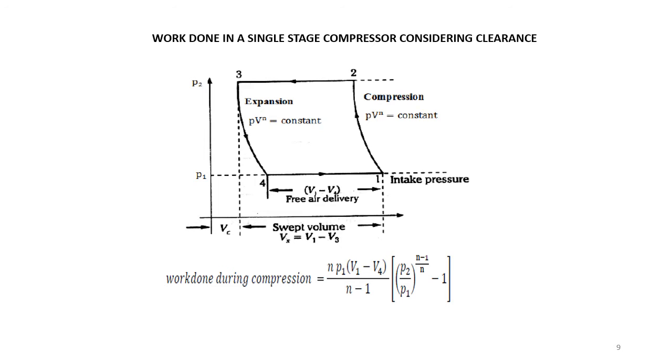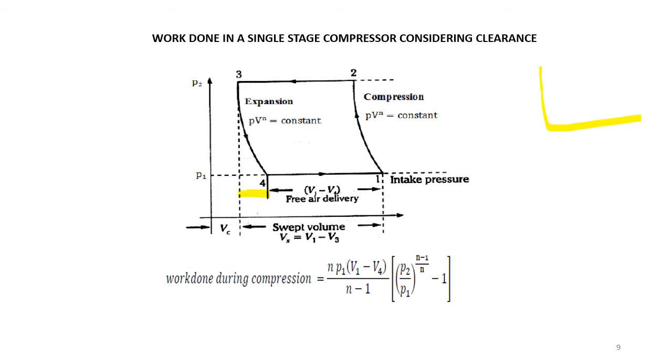work done in the single stage compressor considering the clearances. In this particular diagram we are considering clearance. This particular area which I am highlighting is the clearance volume. Whenever you take clearance into account, the net work done reduces because the work done is nothing but the area under the PV diagram that you already studied.